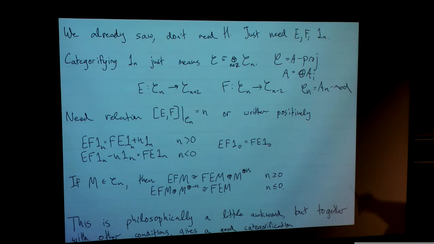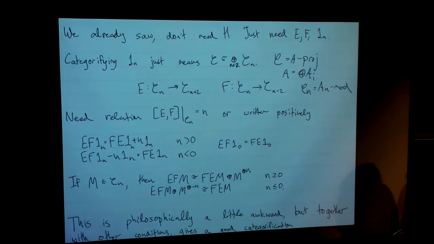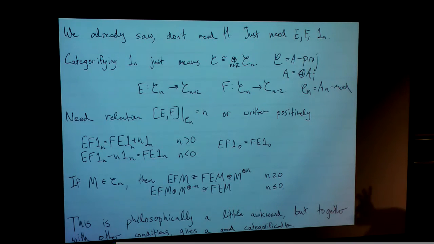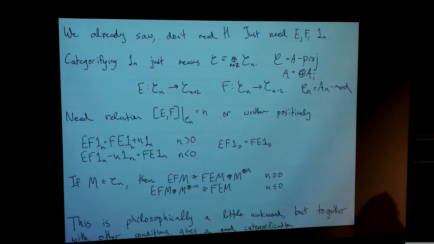So somehow I have a bunch of algebras for different integers, and then they're going to talk to each other because E and F relate them differently. So E and F are going to be functors from C_n to C_{n+2} and C_n to C_{n-2}. If I think about it in terms of these algebras, they will be bimodules over these different algebras. And once we have this, well, we're really far along the road in SL2 actually.